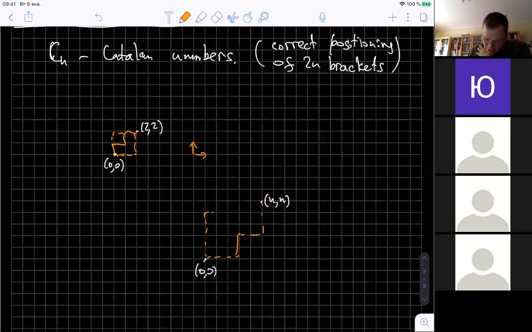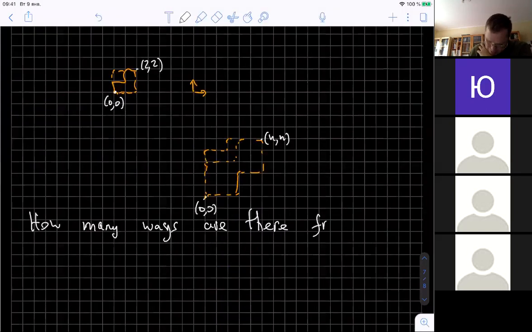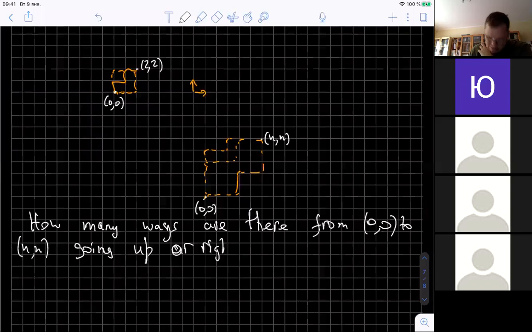How many ways are there from 0, 0 to n, n?